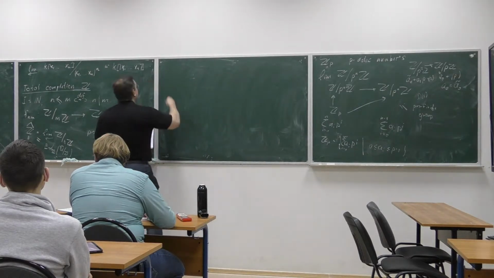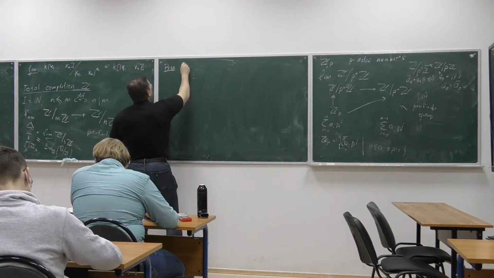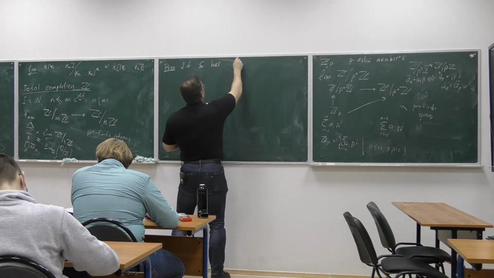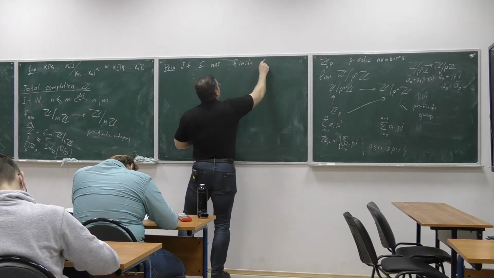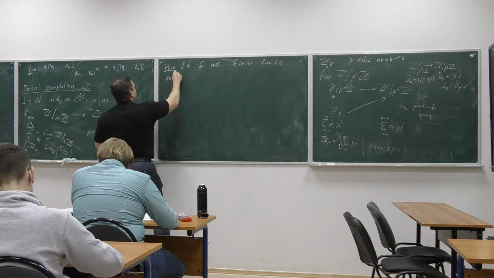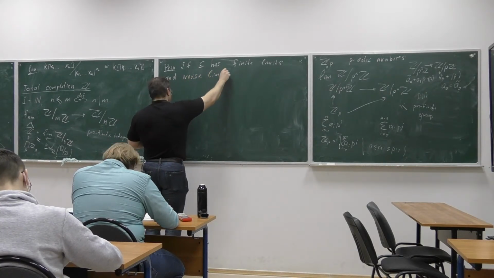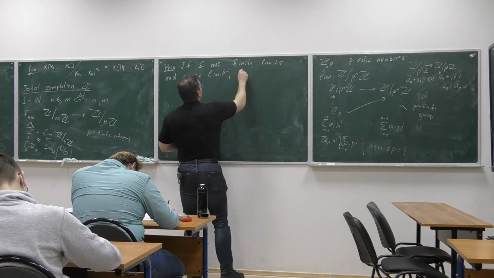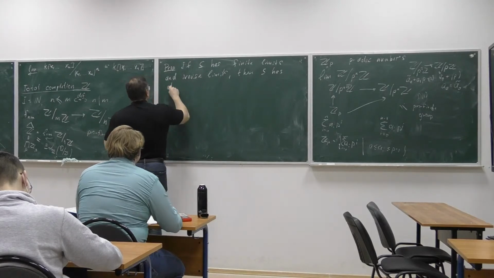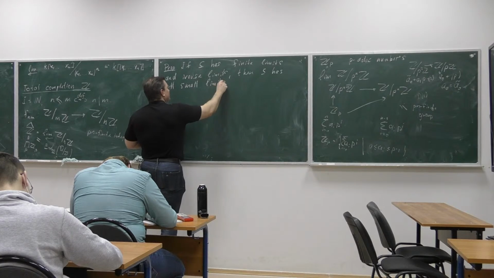Okay, finally, a proposition that I promised already. If C has finite limits and inverse limits, then C has all small limits.